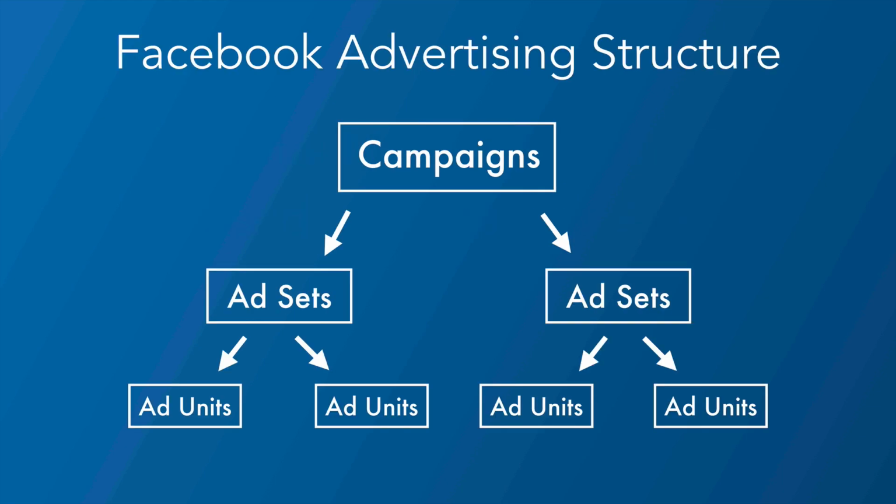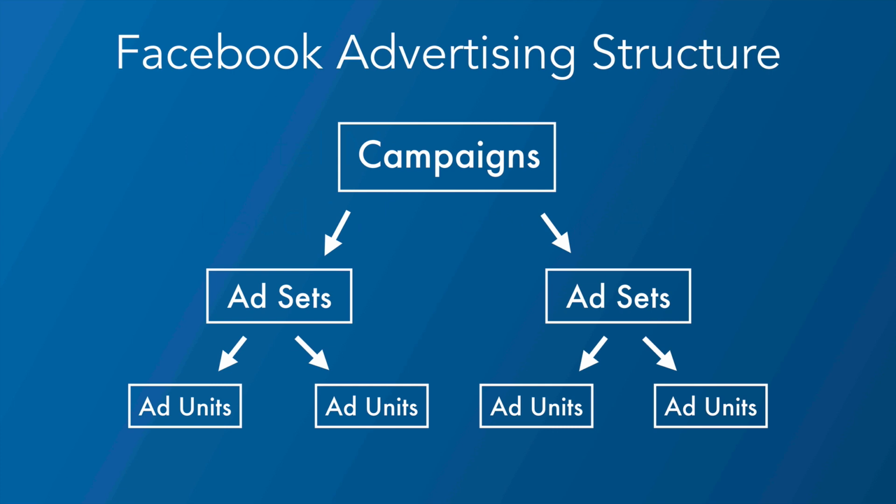First, let's have a look at how the advertising structure inside Facebook is. If you create ads inside Facebook, you will have three levels of ad grouping. First you will have campaigns. The campaign is what you set the daily budget for, and it is how you promote a specific goal.